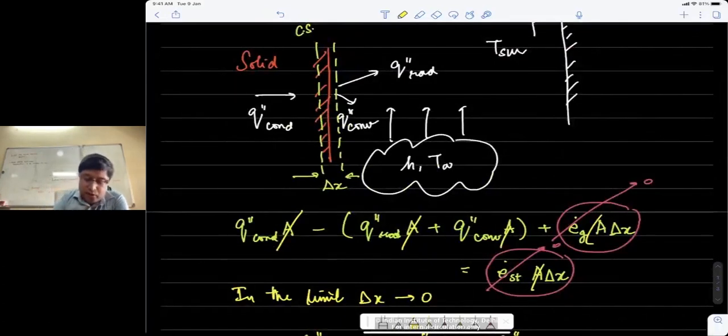You can think of it this way, that A is the area into the plane of the paper, and delta X is the thickness. So it's a cuboid which has two faces of area A, but one length is delta X. Because what I'm saying is that would be the control volume.